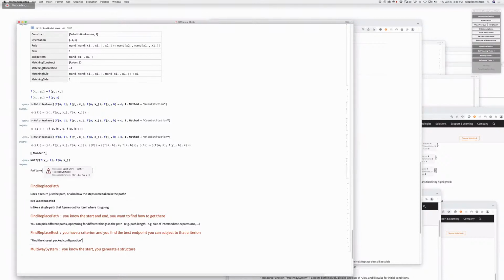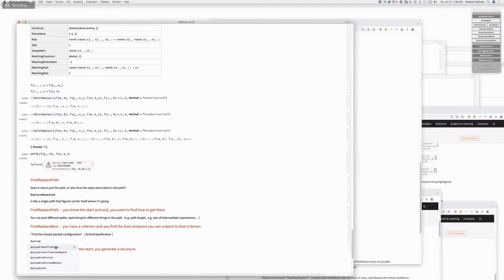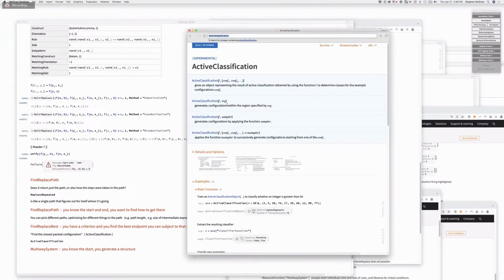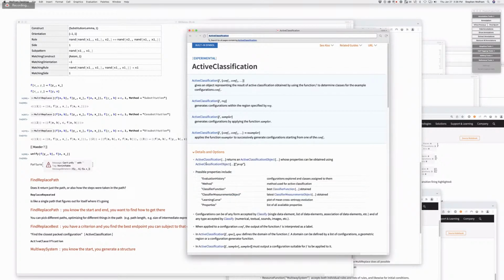How does this relate to active classification? Anybody? Christopher, Roger, anybody? Because active classification is basically saying you make moves from one place to another.